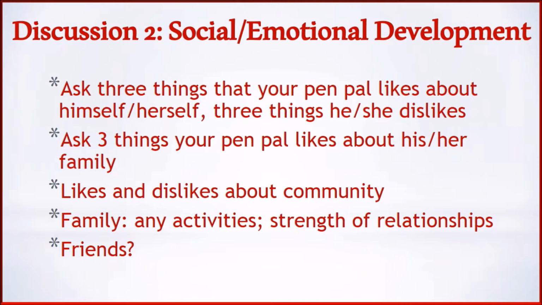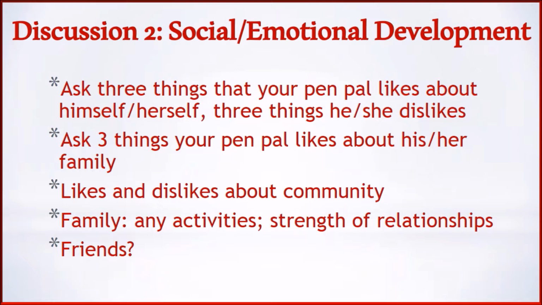Going back to that paper and that model that we discussed earlier, the idea behind social and emotional development of your adolescent is to learn how the adolescent perceives himself or herself, the community, his or her family, and his or her friends. So the idea is to gain a little bit of an understanding of the support systems that this adolescent has in his or her life. And hopefully you can also become one of those support systems.